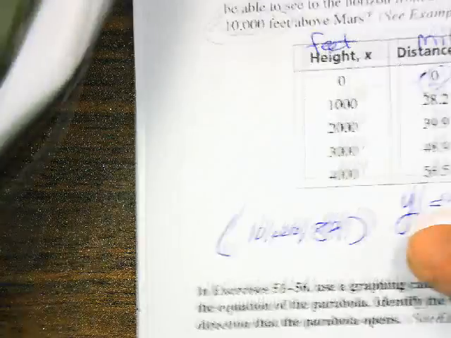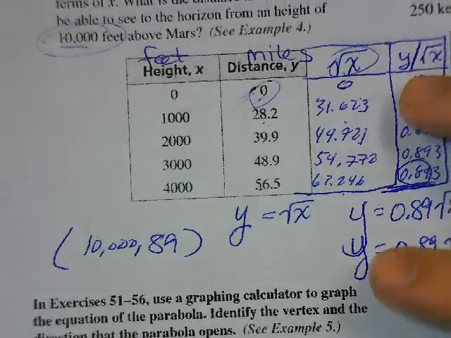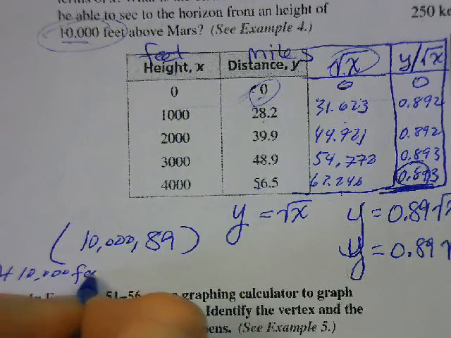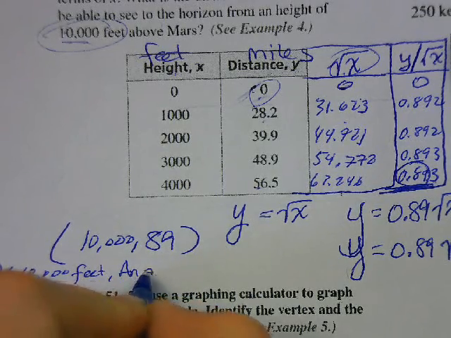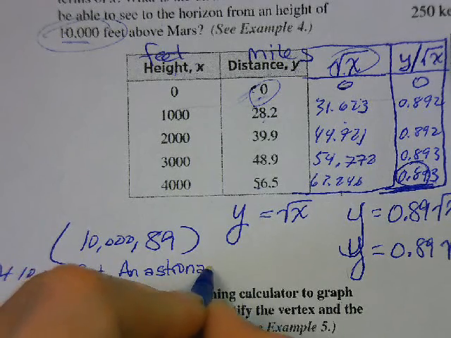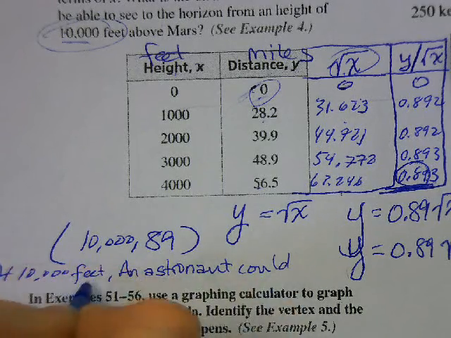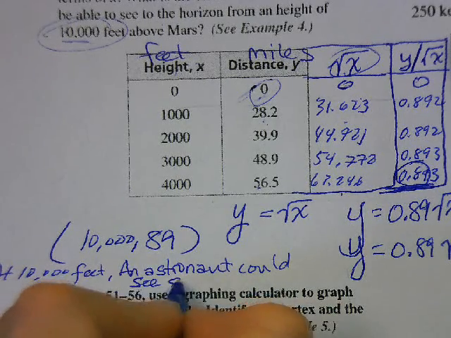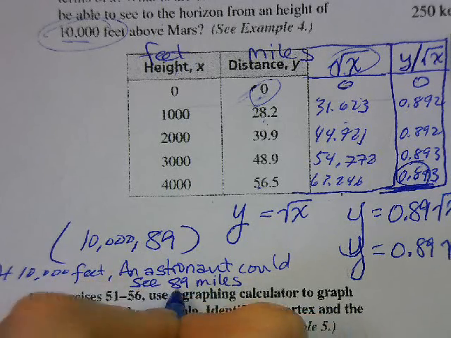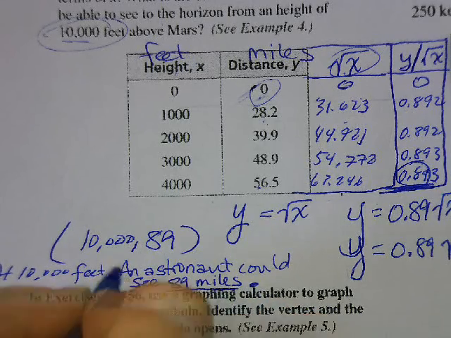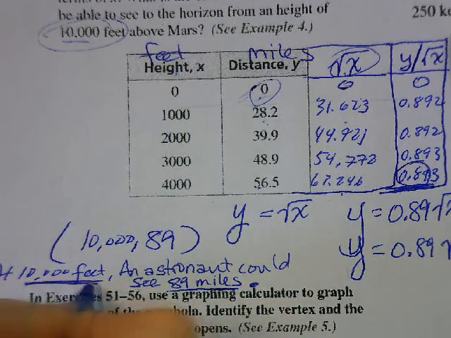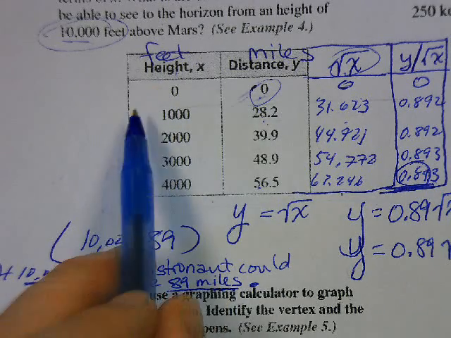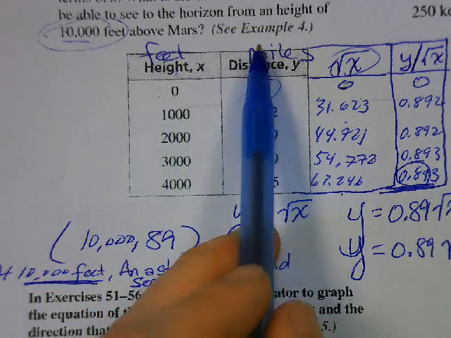In other words, at 10,000 feet, an astronaut could see 89 miles. And we'll match that coordinate point up. 10,000 is the x variable, so 10,000 feet, and 89 was the y variable, so that's miles. 89 miles. At 10,000 feet, an astronaut can see 89 miles.